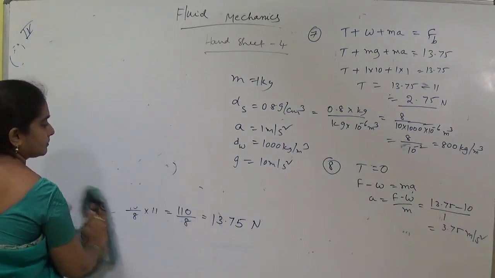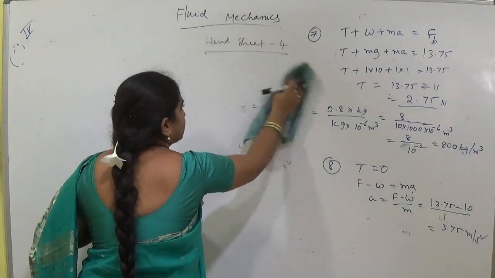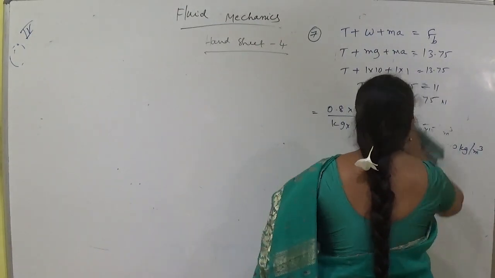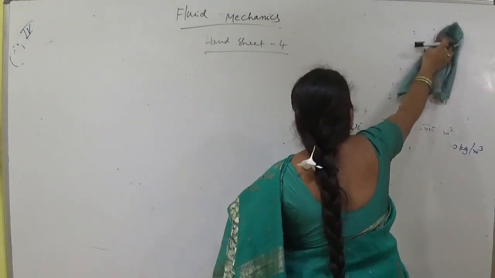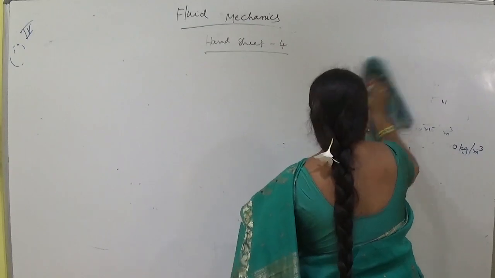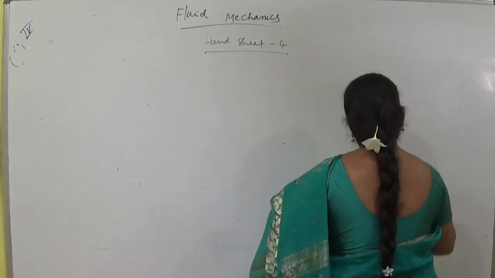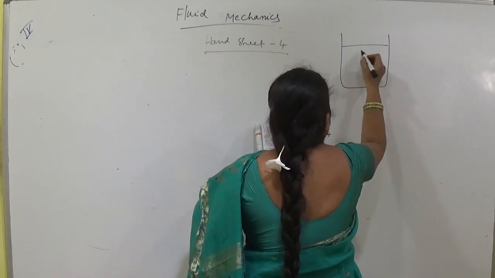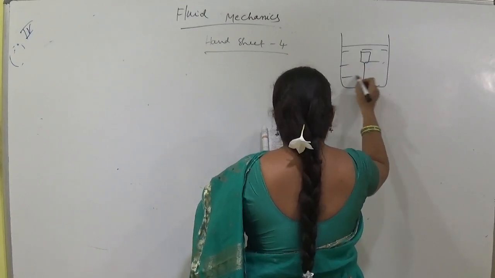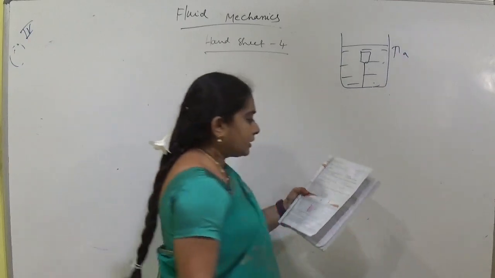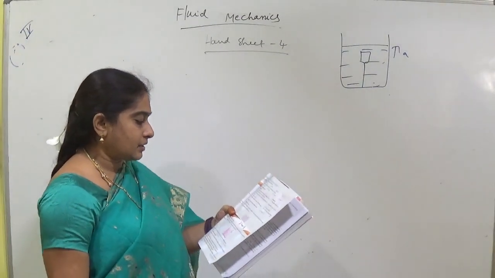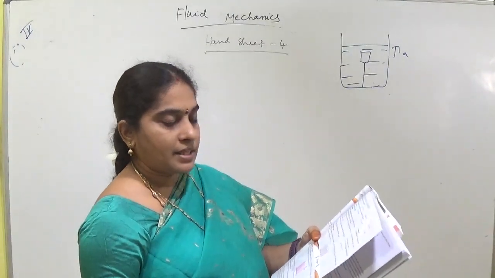Next, another. The tension in a string holding a solid block below the surface of a liquid whose density is greater than that of the solid, as shown in the figure, is T0 when the system is at rest.